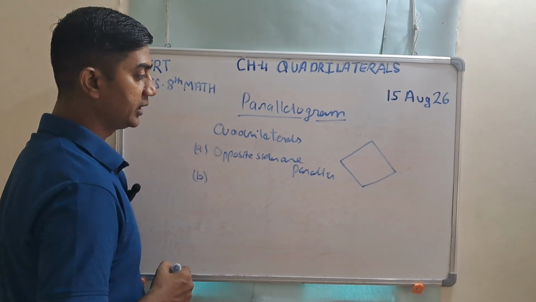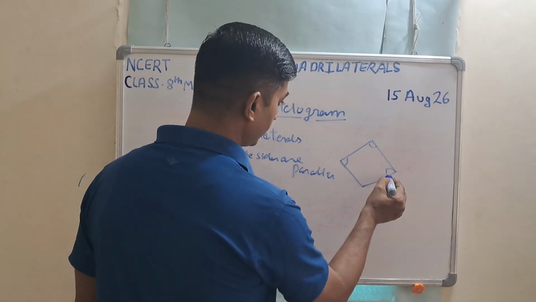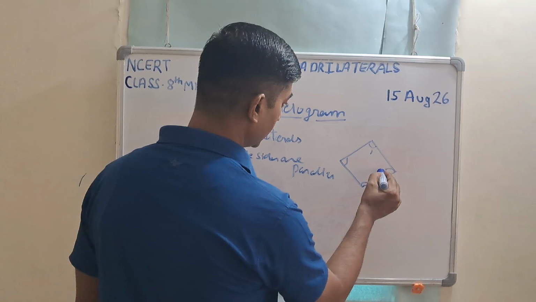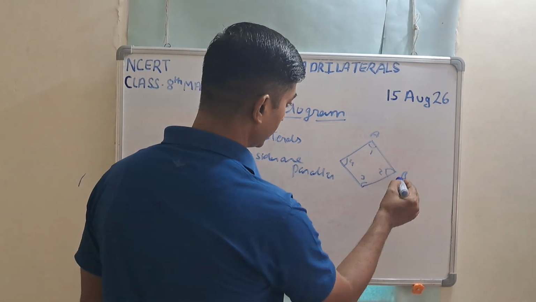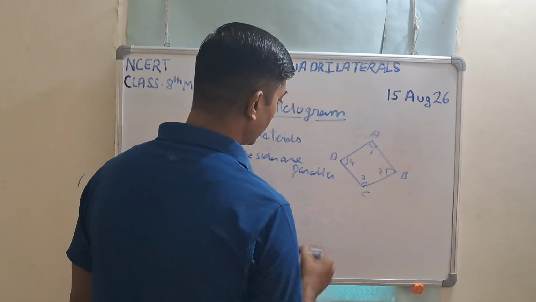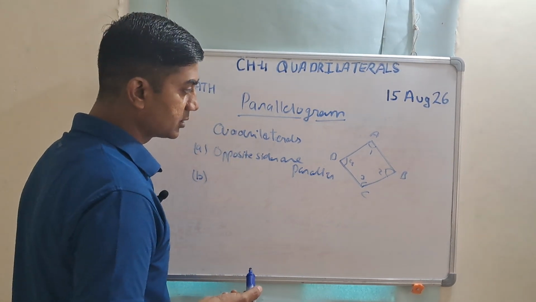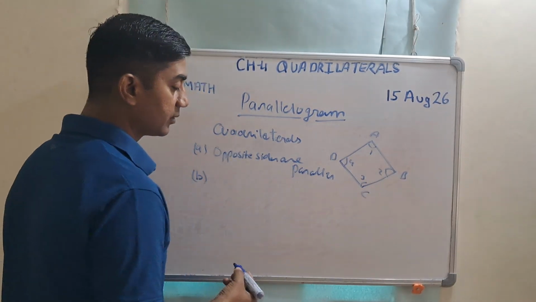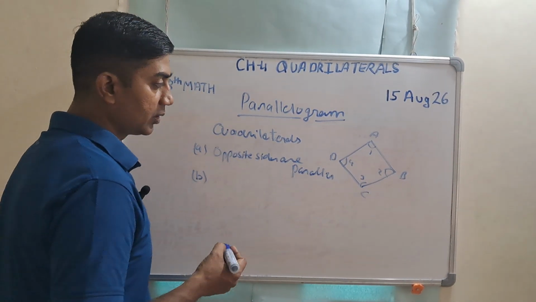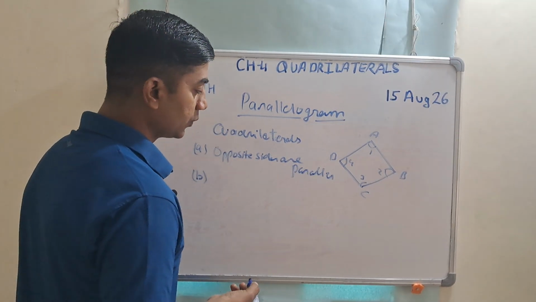What next point we have seen, the relation between the internal angles. This is 1, this is 2, this is 3, this is 4, A, B, C, D. We have seen that the sum of the adjacent angles in a parallelogram is 180 degrees.